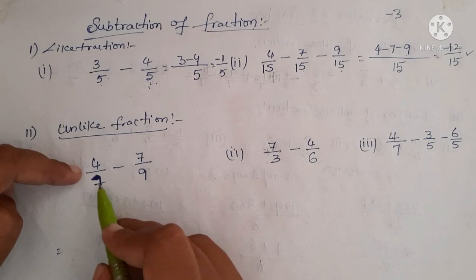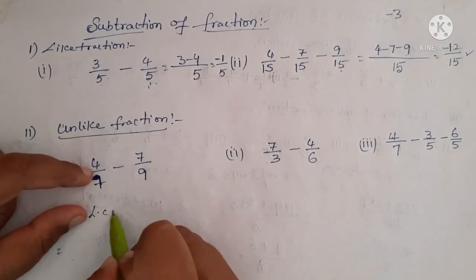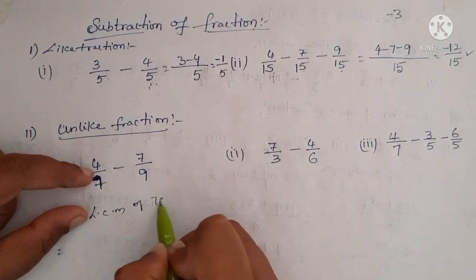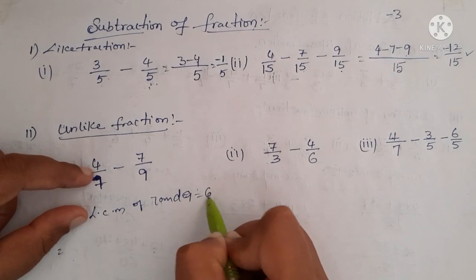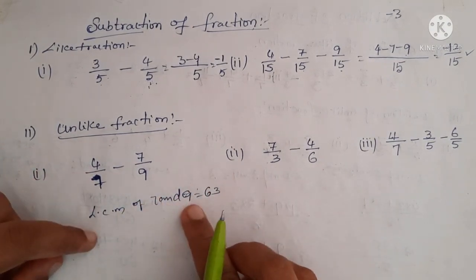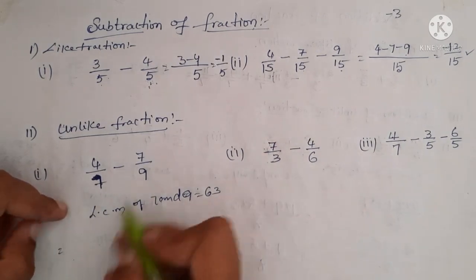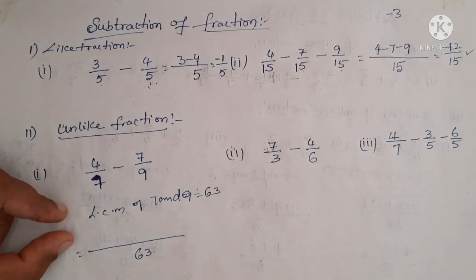Okay. See here, first you have to find out LCM of 7 and 9. You know that, 63. First you have to find out LCM of 7 and 9, that is 63. And now right here 63 in denominator place.